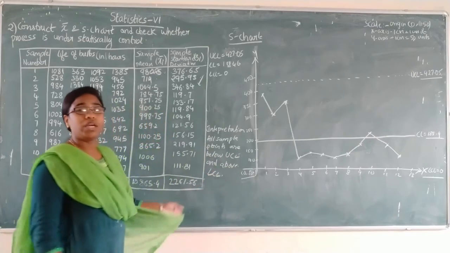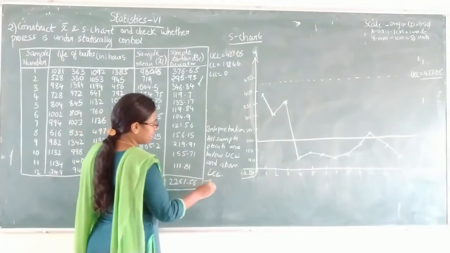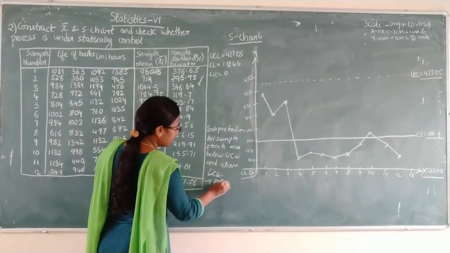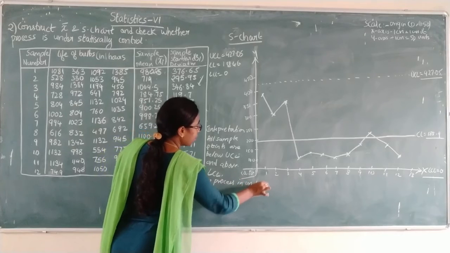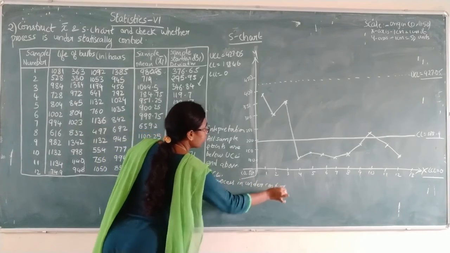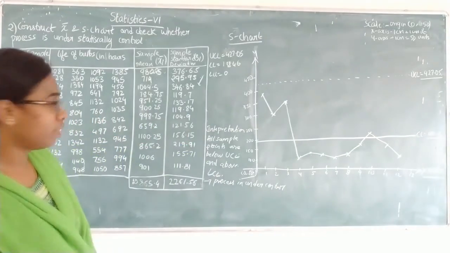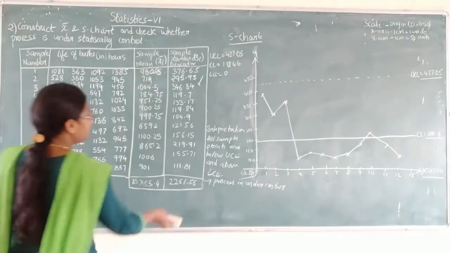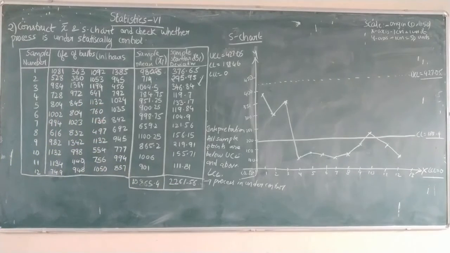So if all points are below UCL and above LCL, that indicates that the process is under control. Process is under control. So if we observe the mean chart we have constructed and also the standard deviation chart, both the charts are under control.